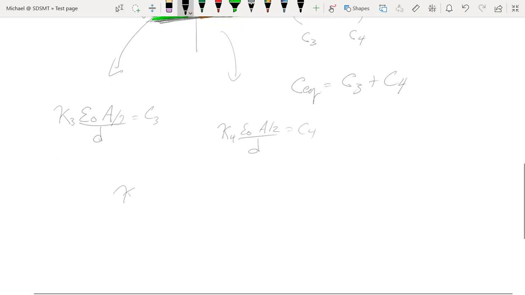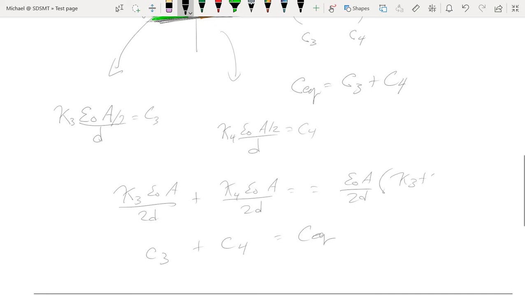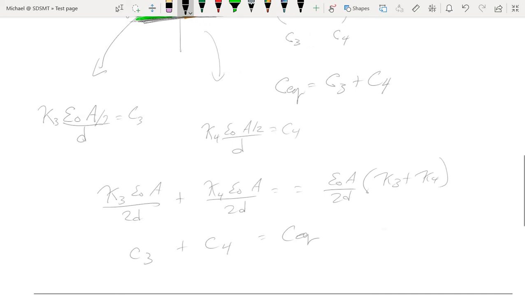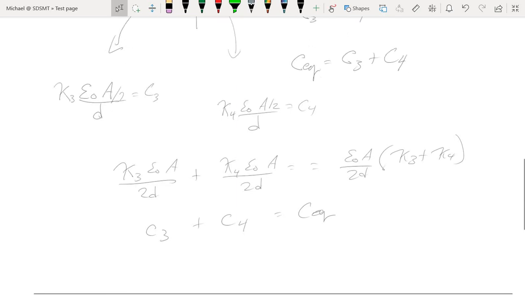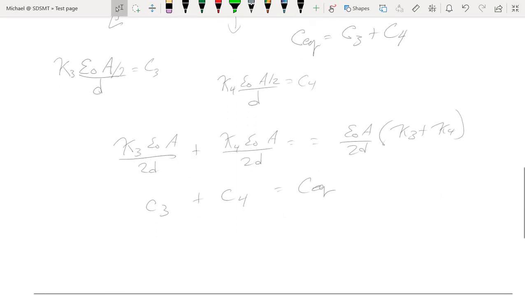So kappa 3 epsilon naught A, we have 2 and D in the denominator, kappa 4 epsilon naught A, 2 and D in the denominator. This is capacitor 3 plus capacitor 4 equals equivalent capacitance. But all that we get out of this is basically a direct summation of the individual kappa values.